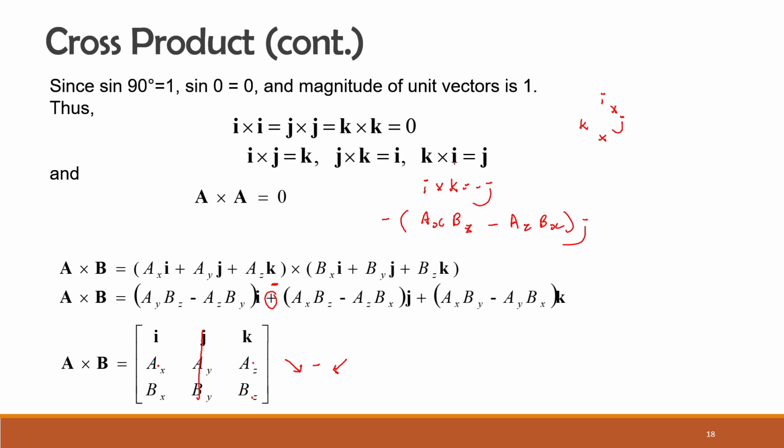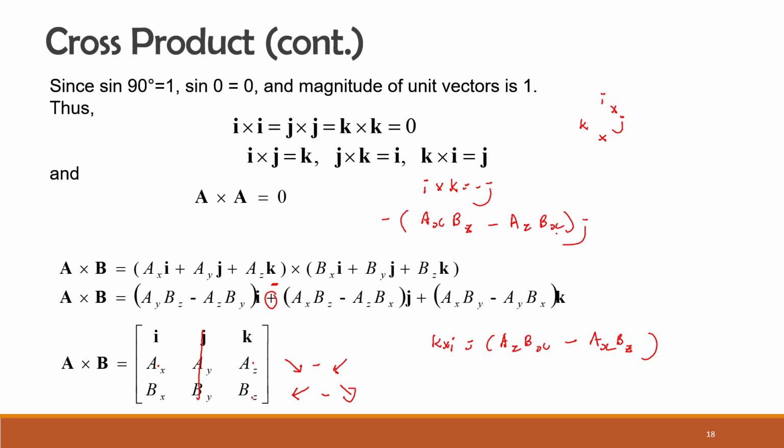Unless you take K cross I. If you take K cross I, it means AZ BX. We take this direction minus another direction: AZ BX minus AX BZ.